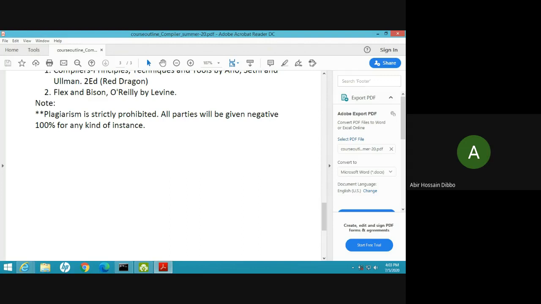Last semester, it is written here, all parties will be given 0 for any kind of instance. And last semester, I was very lenient. Actually, I did not penalize so much. But this semester, please trust me, as it is an online system, if I find any kind of cheating instance, you would get minus 100%. That means if the assignment is 10, if you cheat, you will get minus 10. Okay? Thank you very much.